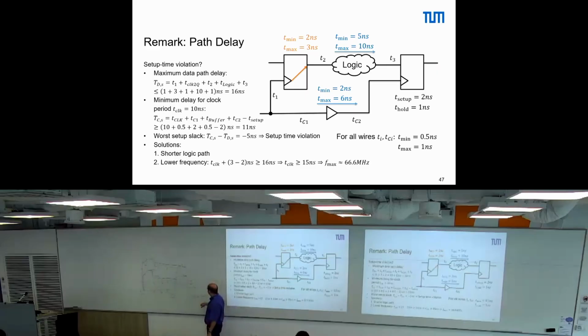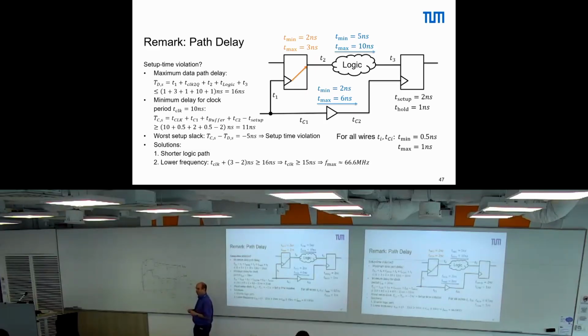I did not compute the numbers, and I did not give a setup time, so just assume this works. Are we fine if we have no negative setup slack? Or what is missing? The T buffer is actually included in the path, so the timing for the setup time is fine.